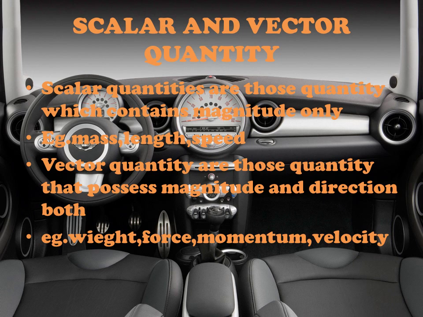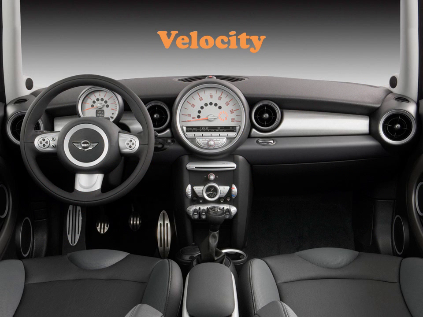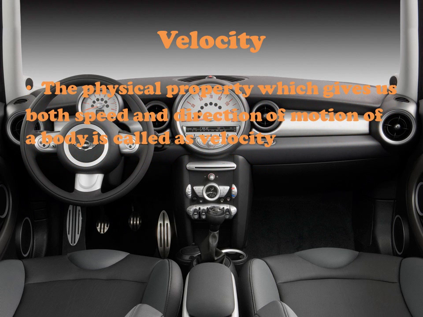Now we learn velocity in more detail. In order to have complete information about the movement of a body, we must know not only the speed of the body but also the direction of motion. The physical property which gives both speed and direction of a body is called velocity.